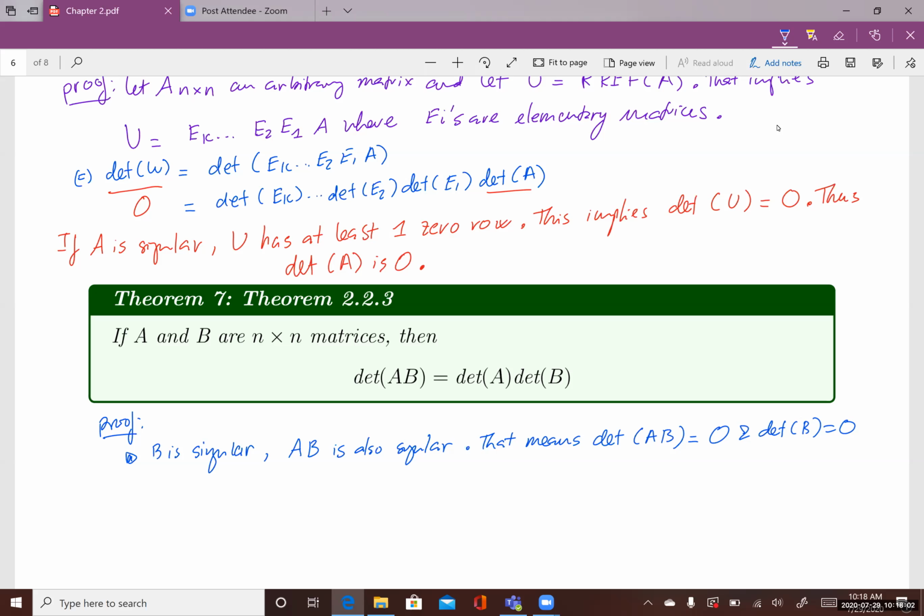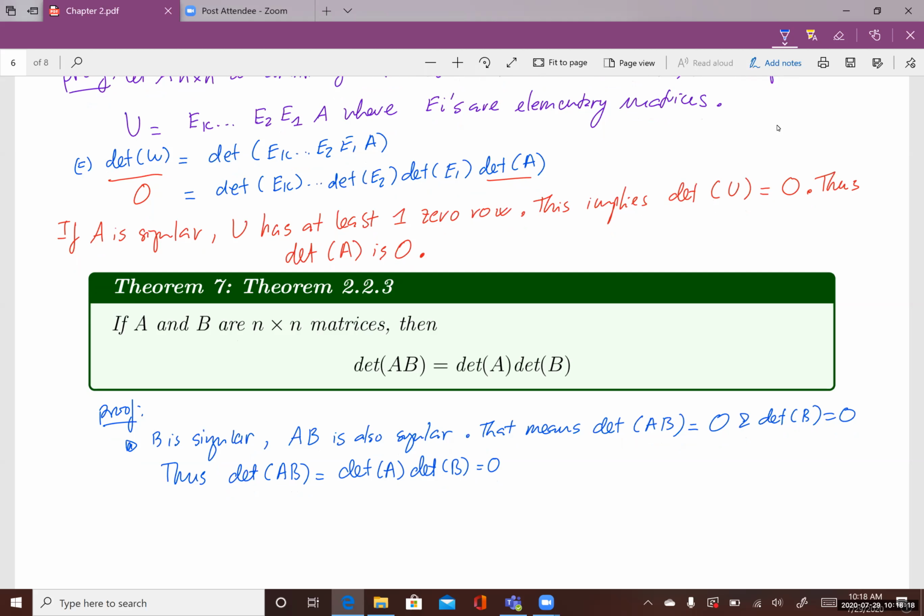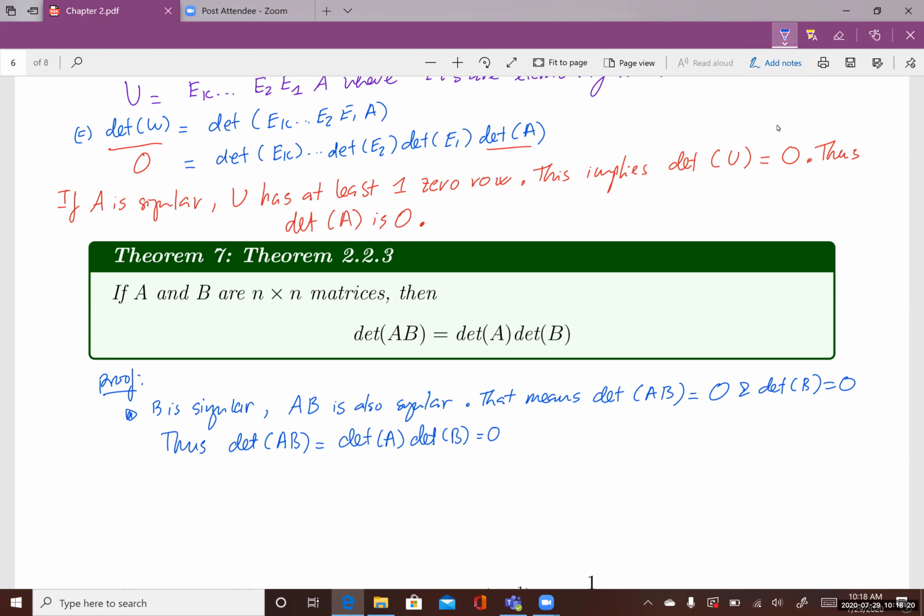So the determinant of A times the determinant of B equals 0.